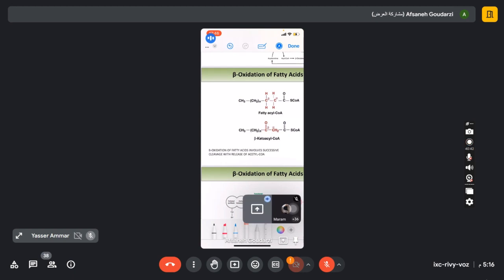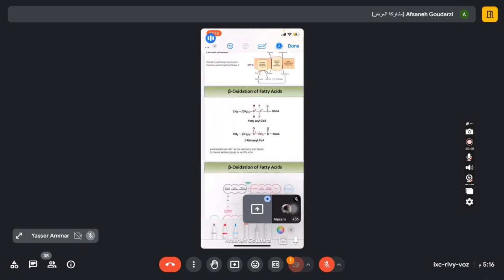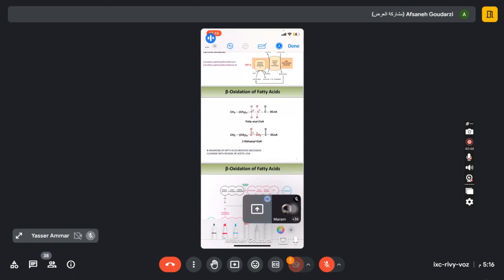We always will have acetyl-CoA plus propionyl-CoA. Therefore, when we talk about fatty acid oxidation, it could be complicated.